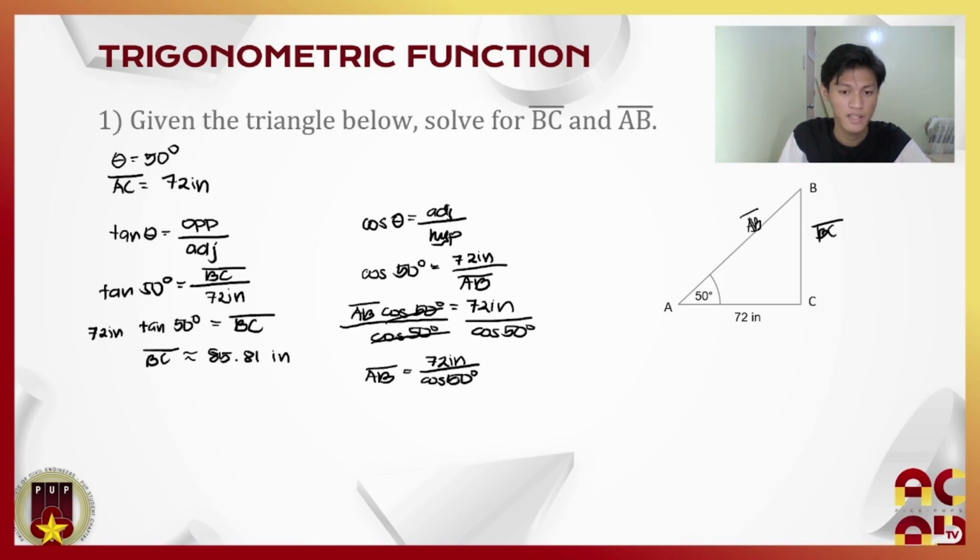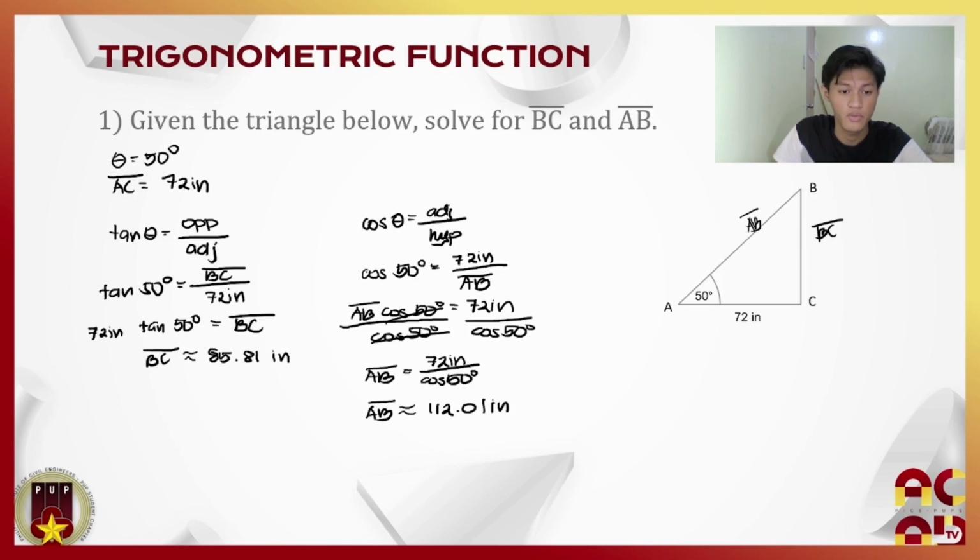Then, para ma-solve yan, lagay ulit natin siya sa calculator. So, 72 divided by cosine 50 degrees. Meron tayong approximately equal sa 112.01 inch.